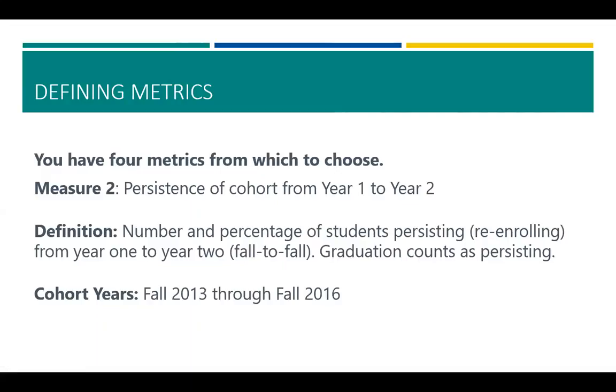And we have a question: for completed gateway courses, can we exclude students seeking a certificate where the college level English or math is not required as part of completing the certificate? If the math and English is not required as part of the certificate program, then you should submit the data and explain in the narrative.